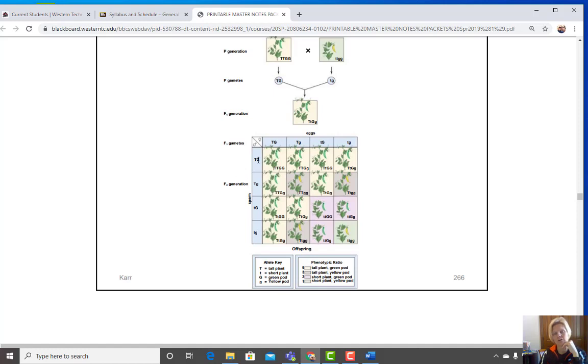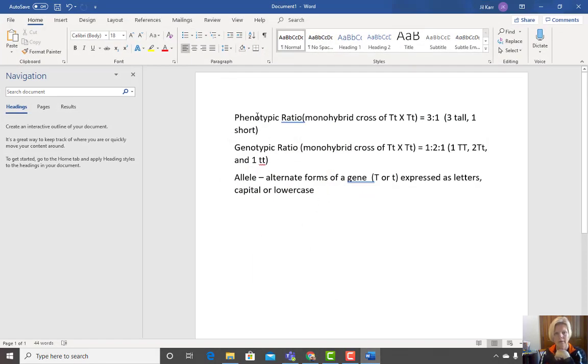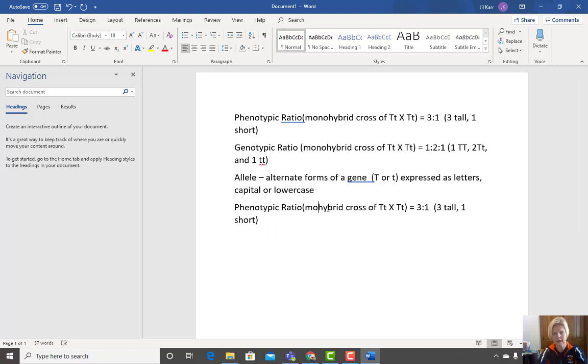So if I go back to this and I look at the phenotypic ratio of a dihybrid cross, in this case, again, for the F1 offspring, we're looking at tall green heterozygous parents. We're going to get a 9 to 3 to 3 to 1.